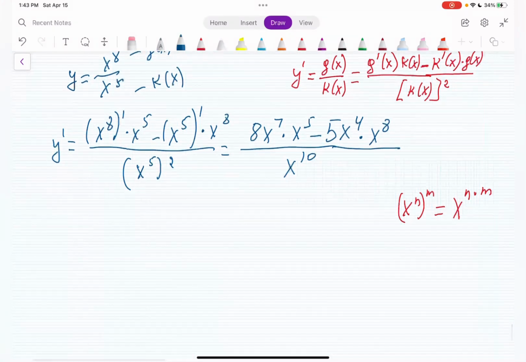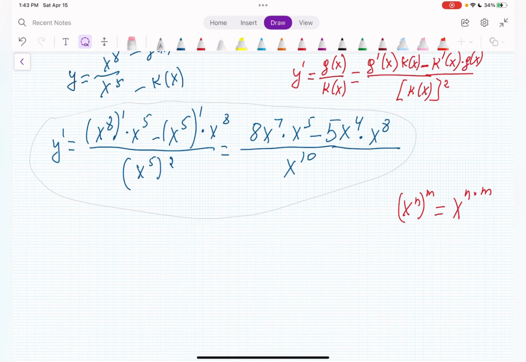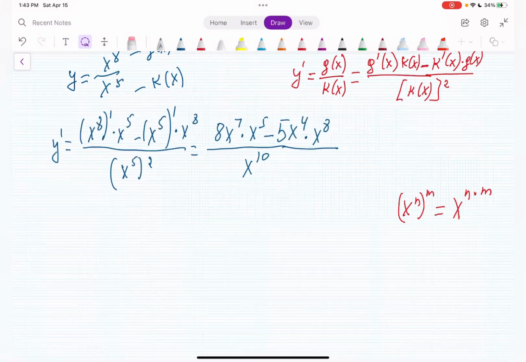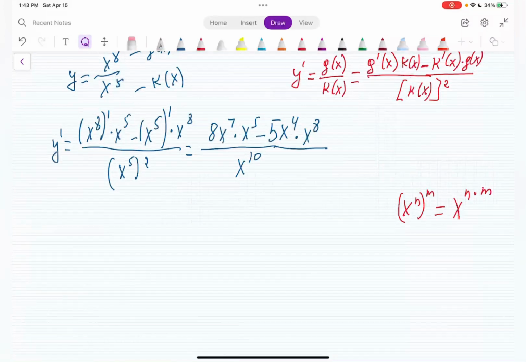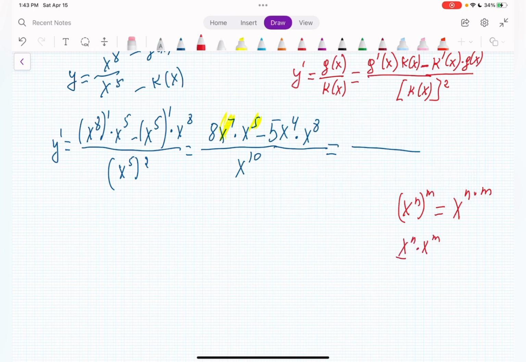So this is going to be equal to x to 7 times x to 5. It's going to be x to 12, because x to n times x to m, when both have x as a base, is n plus m, right?